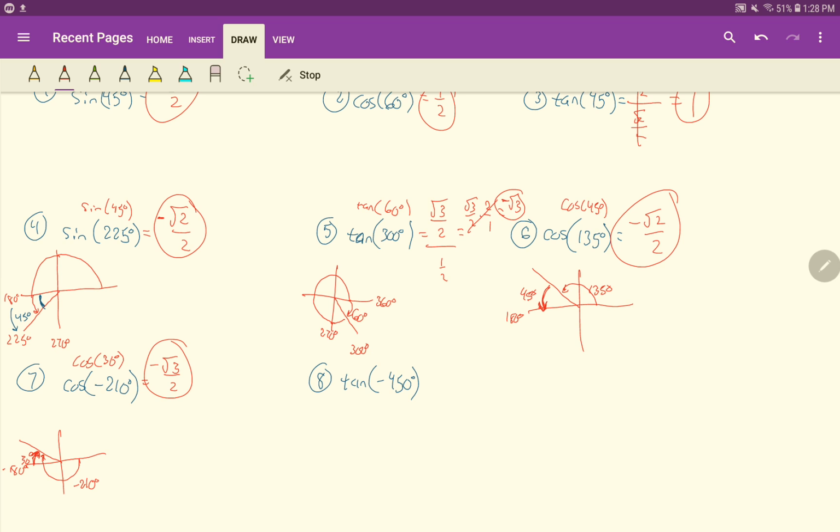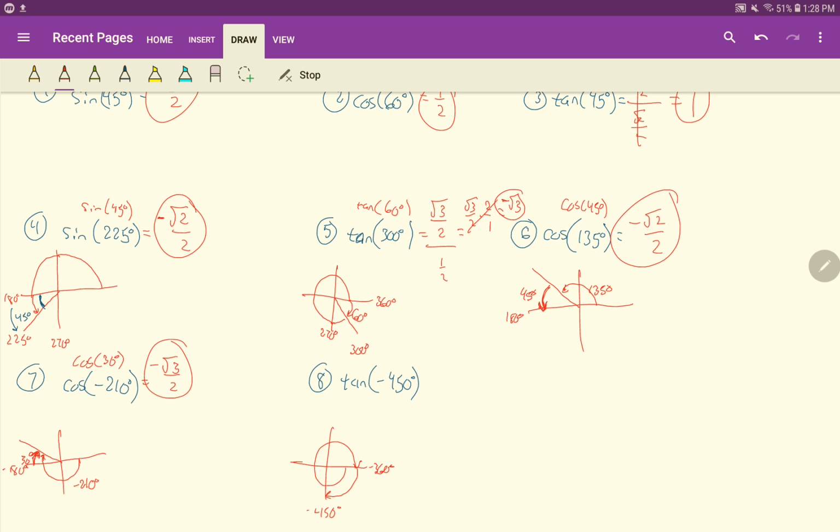All right, last one here, tangent of negative 450 degrees. So negative 450, that's really big. So let's see here. Again, we'll kind of draw this. So negative 450, so this will be negative 360. If I go 90 more, now I'll be at negative 450.